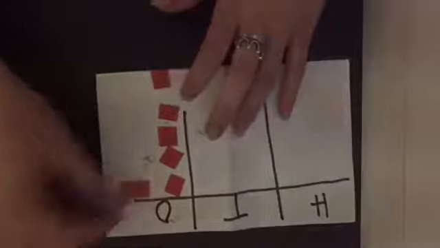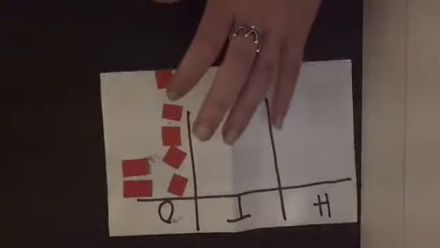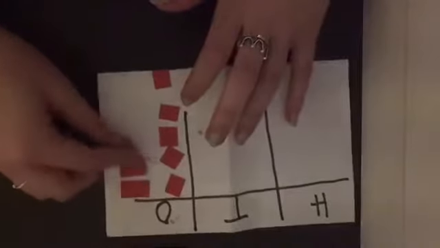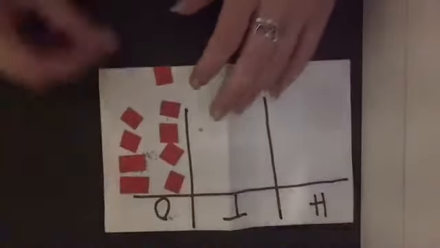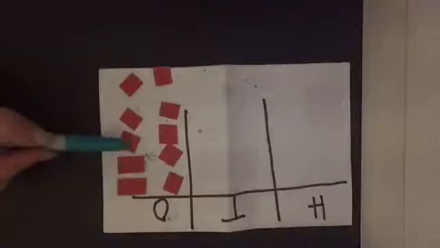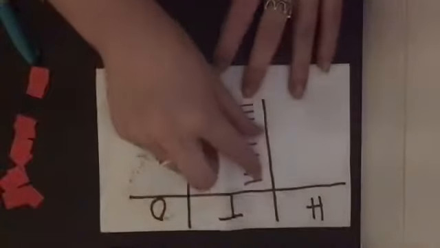Then 1, 2, 3, 4, 5. But remember, we have to count. How many do we have in total? We have 1, 2, 3, 4, 5, 6, 7, 8, 9, 10. So what we do is we replace that with a 10. So now we have 1 ten and 0 ones.